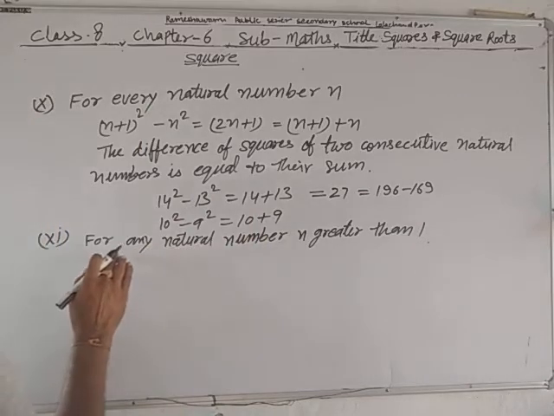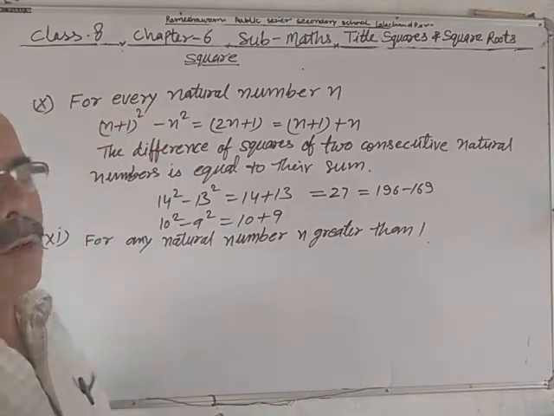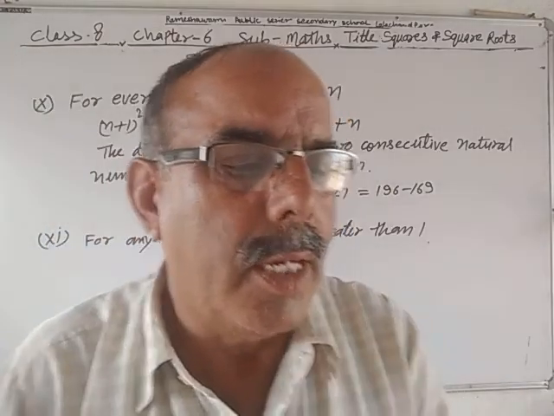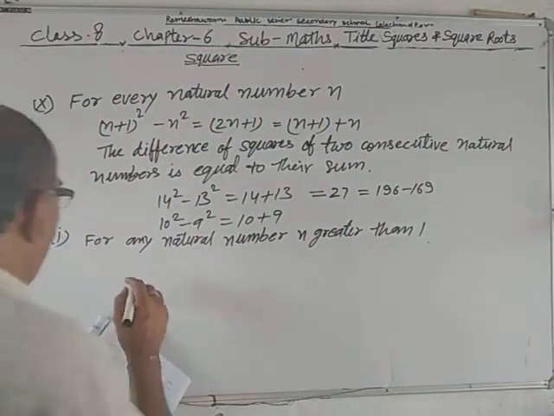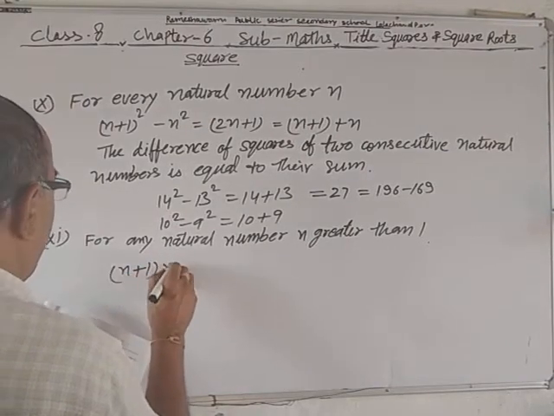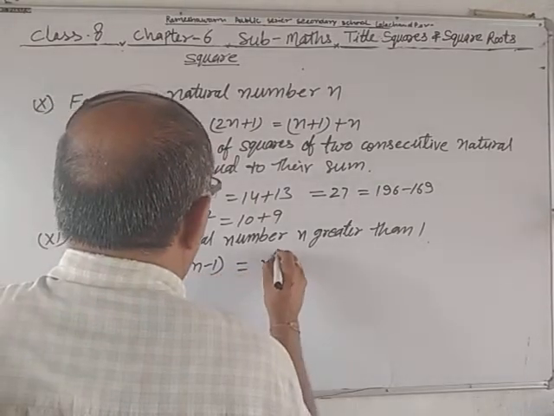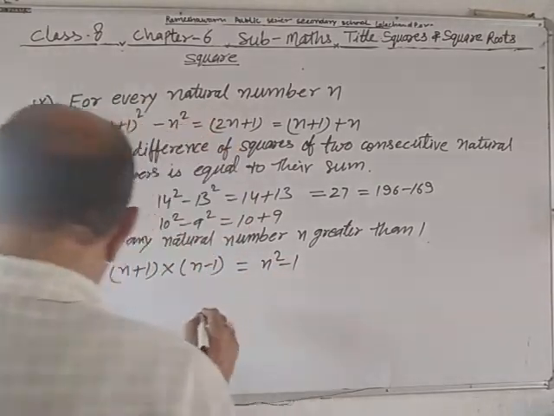For any natural number n greater than 1, (n plus 1) into (n minus 1) equal to n square minus 1.